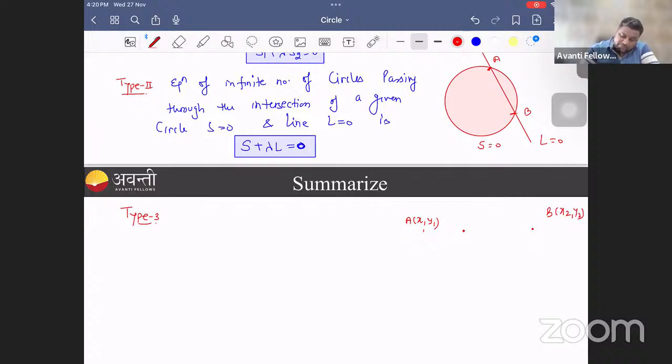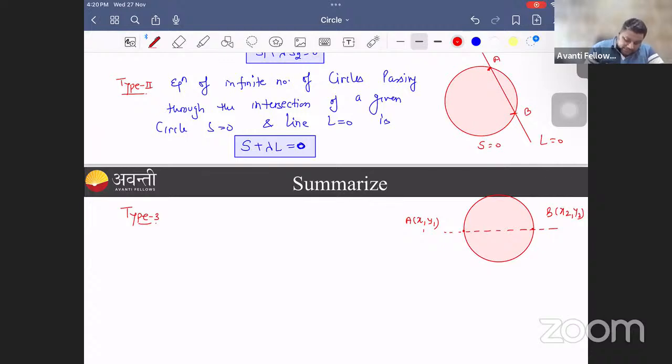So now this is the circle. So now what do you want? We want any circle through this. And definitely diametric circle is the best circle we know passing through AB, and the line AB we can write down.